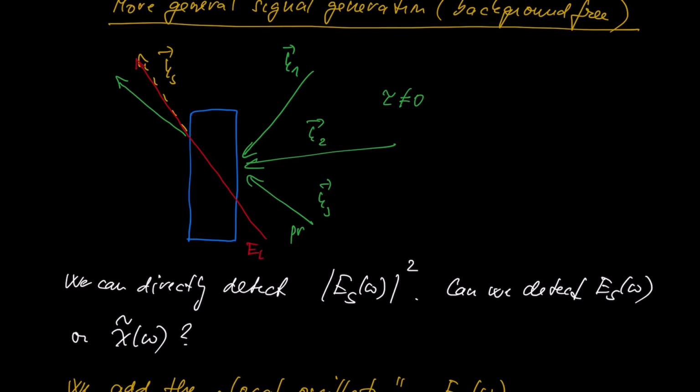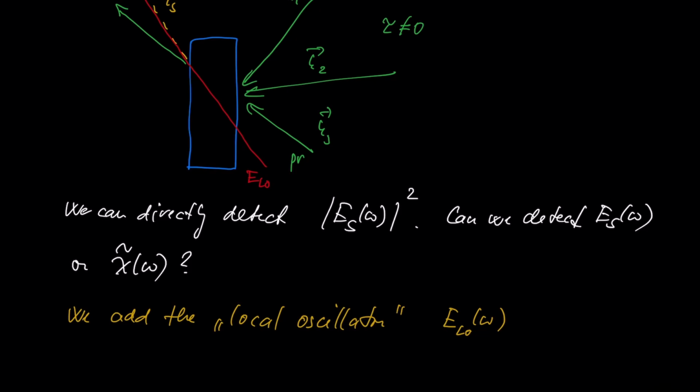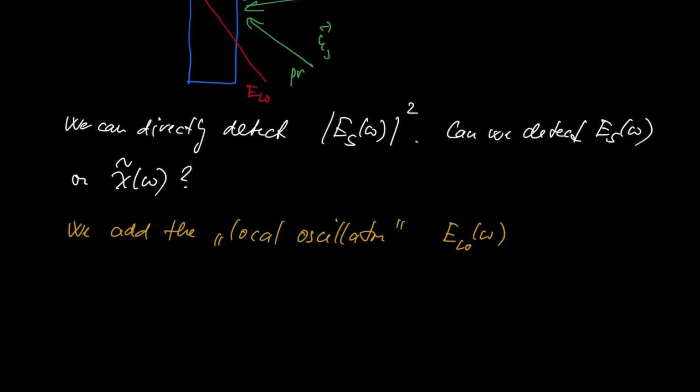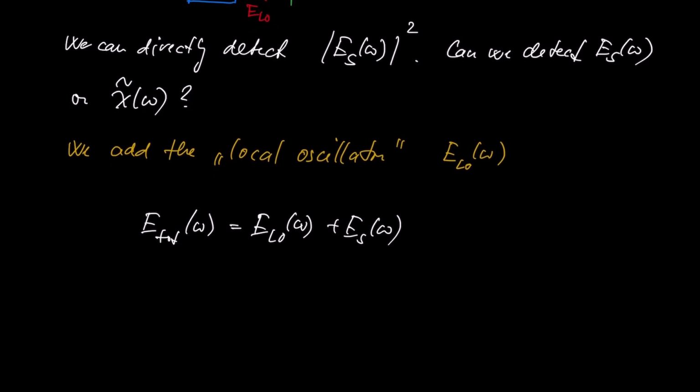So this is the local oscillator field. Okay, we then detect a total field, which is the local oscillator plus the signal, and everything should be more or less the same as before.